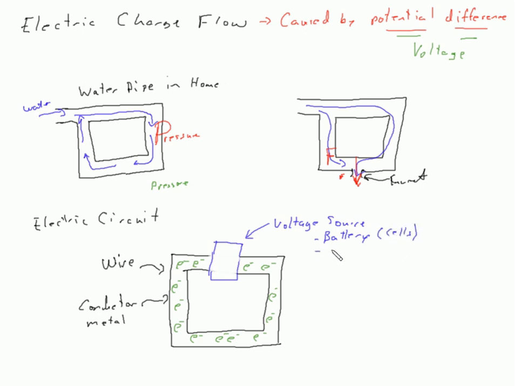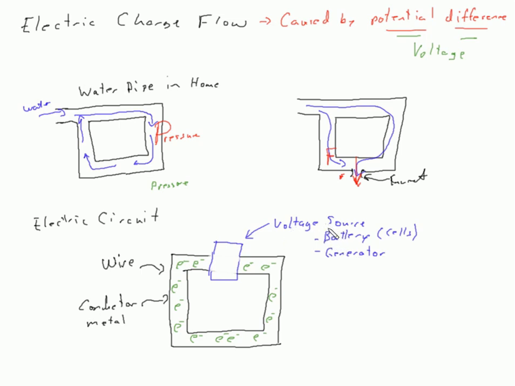It could also be a generator. Like the power company has big generators where they generate the electric energy and the voltage, the potential difference. It could be a portable generator you might have at home that you can run things off of separate from the house. So some kind of voltage source here.